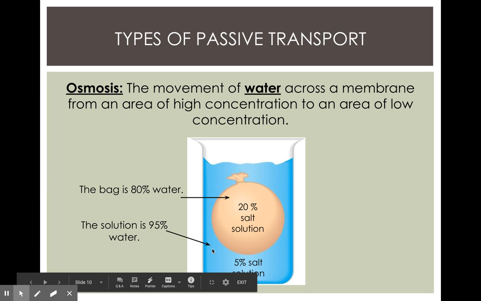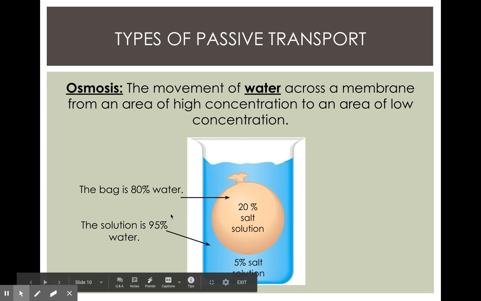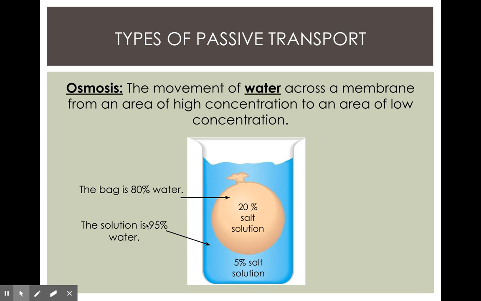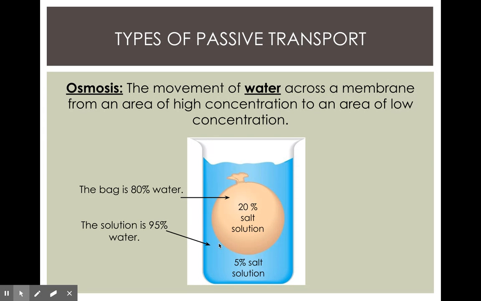So if things move from a high concentration to a low concentration, look at my numbers here. In which direction will the water move? Will the water move into the bag, or will the water move out of the bag? Remember, from a high concentration to a low concentration, in which direction will my water move?